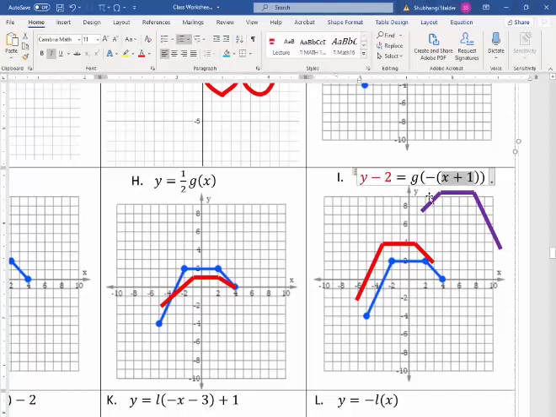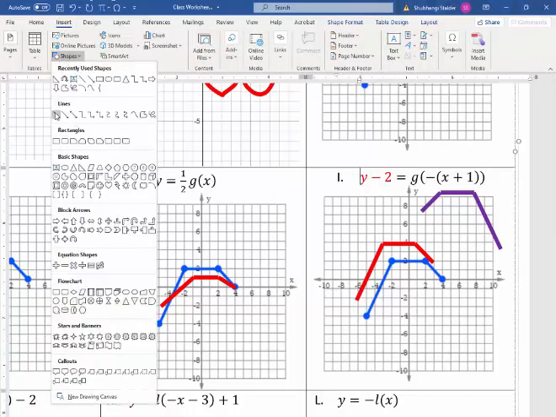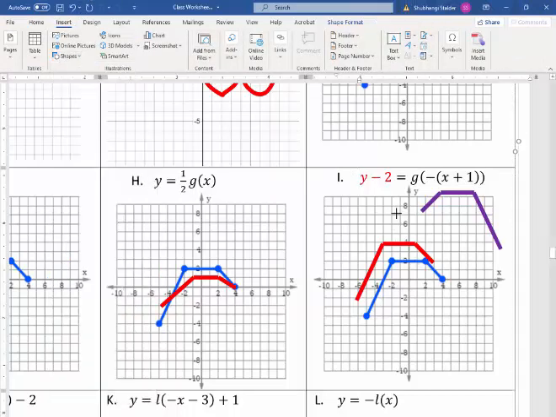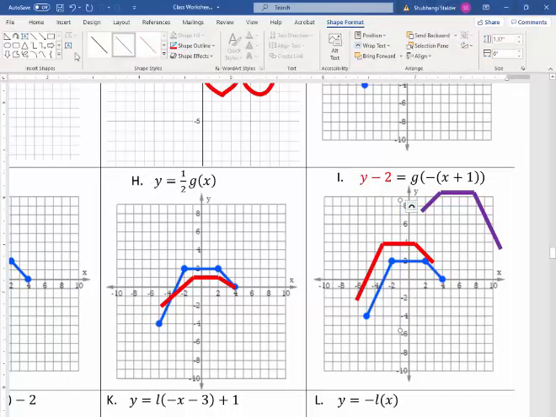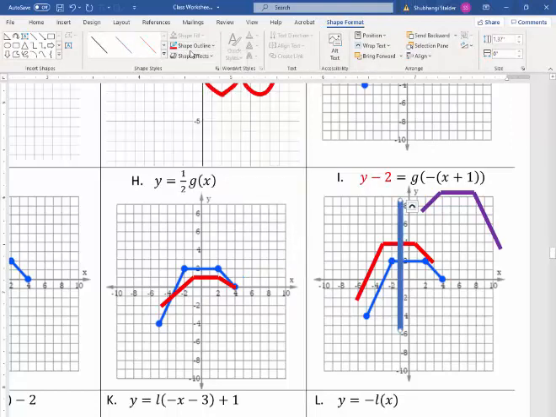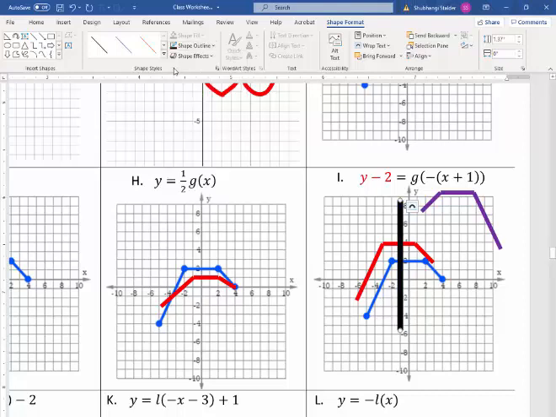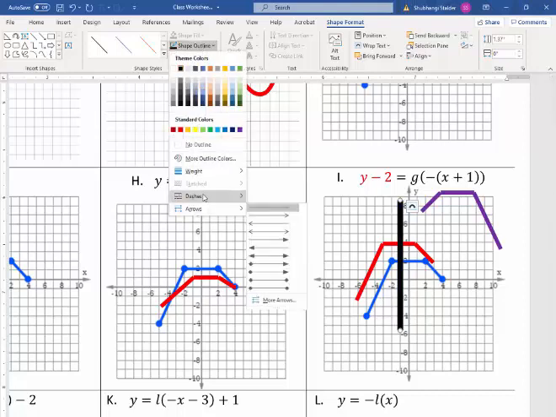Okay? And then once you have that, everything is going to reflect across the line x equals -1. So here is, let me get a line here so you can see how it reflects. So here's -1. I'm going to make that a little bit thicker. So that line is what I'm going to reflect across.